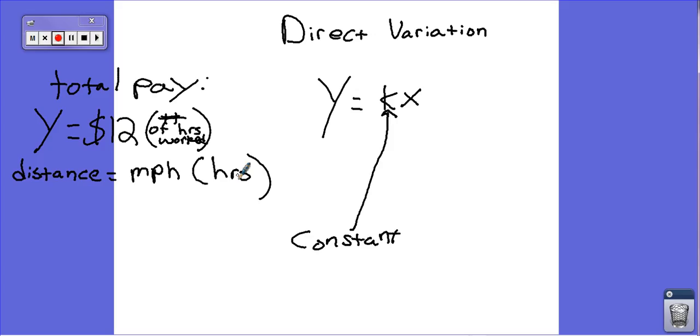There are some characteristics of direct variation, and we can even graph out direct variation as well. But there are some things that we need to know. The first characteristic is if one variable is zero, the other is zero.